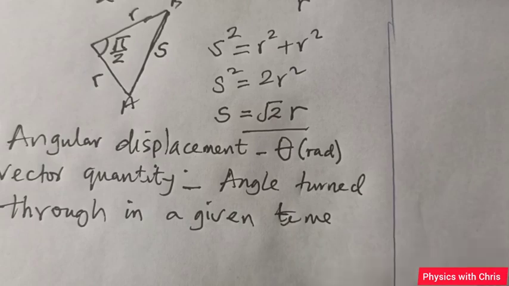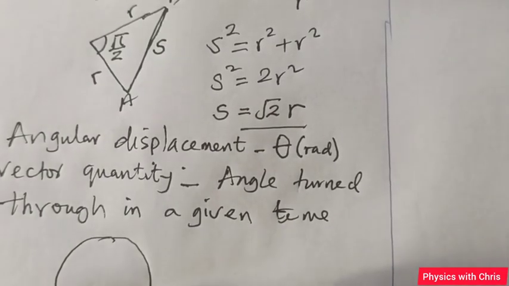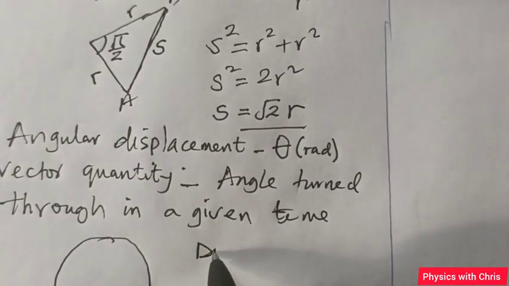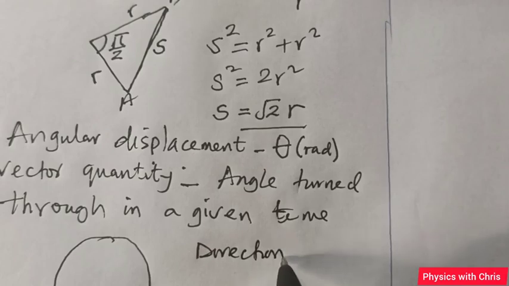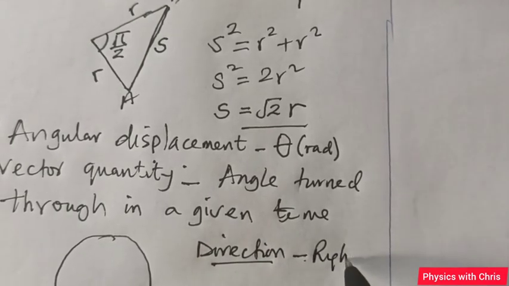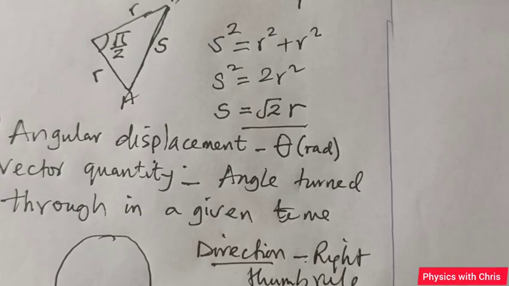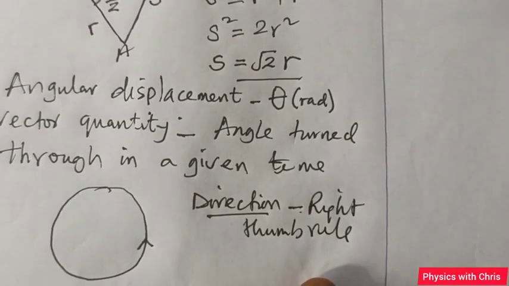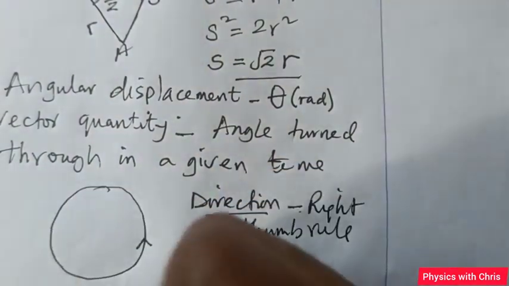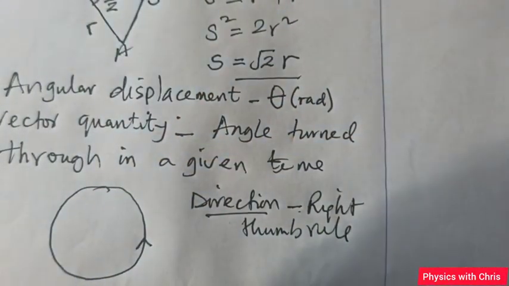What's the direction? If you have a body that moves in a circle like this, let's say it moves in this direction, the direction is given by what we call the right hand thumb rule. That is, if you hold your right hand up like this, such that you can fold the four fingers like this and the thumb is pointing upward.